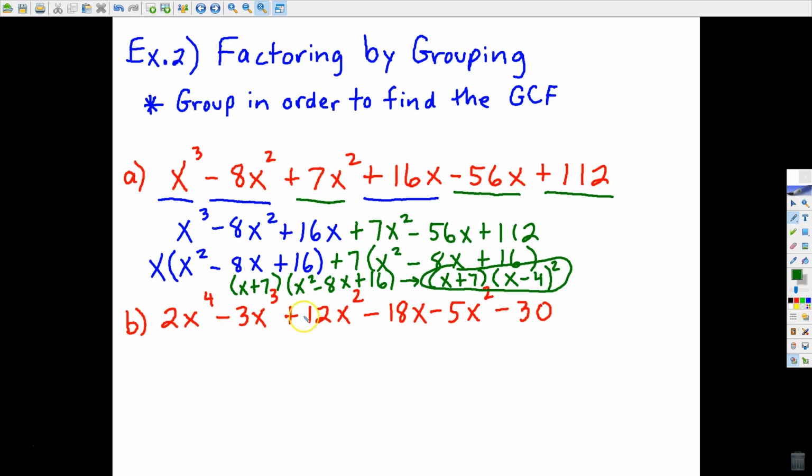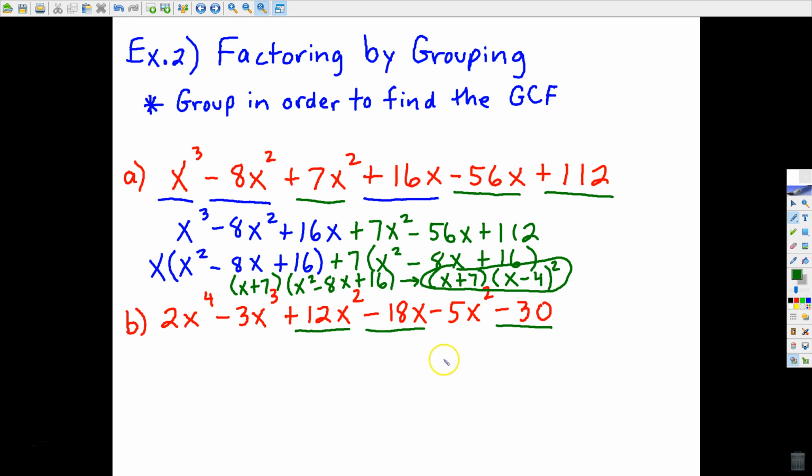Okay, letter B, and again, the more you do these, you'll pick up on patterns, you'll pick up on common things about these terms that will help you in the grouping process. Like, for example, do you notice how these coefficients are all divisible by the same number, 6?